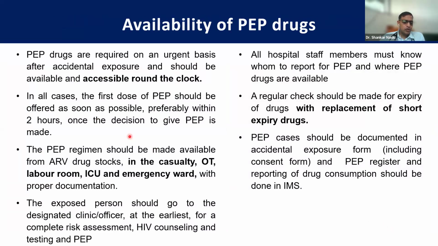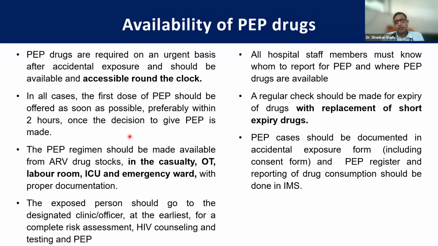The exposed person should go to the designated clinic or officer at the earliest for complete risk assessment and decision whether to continue the PEP or whether any other investigations at baseline have to be done.